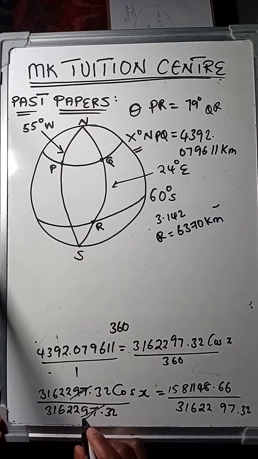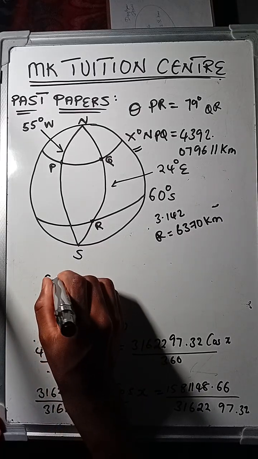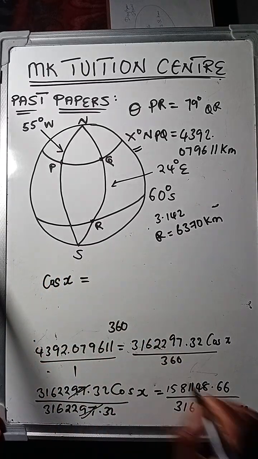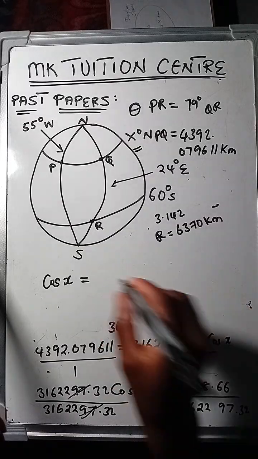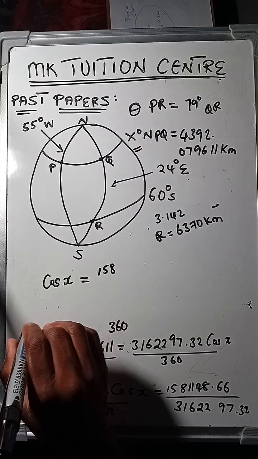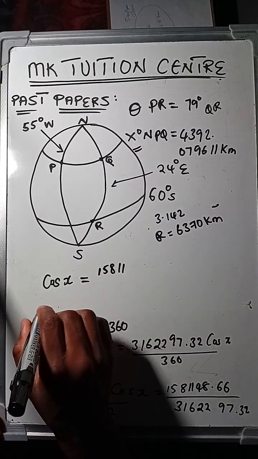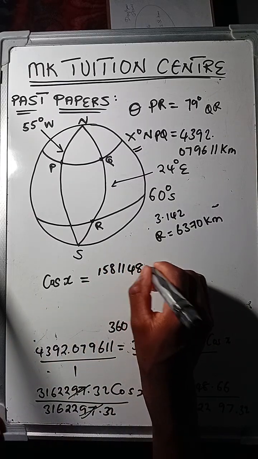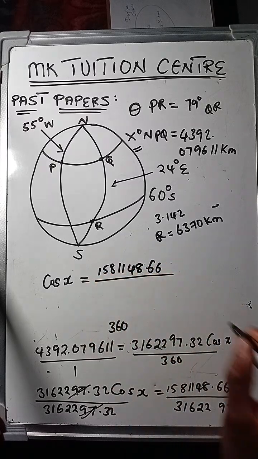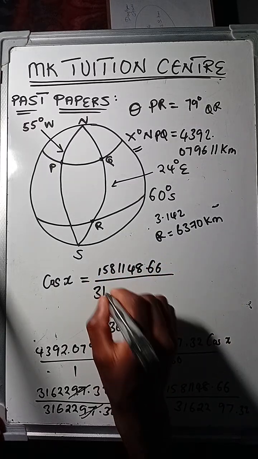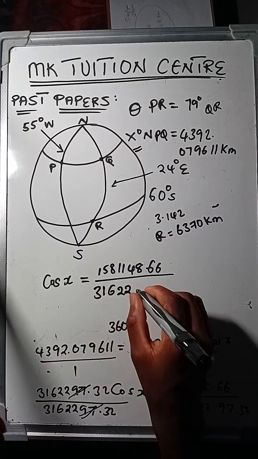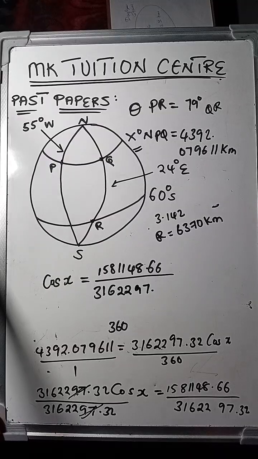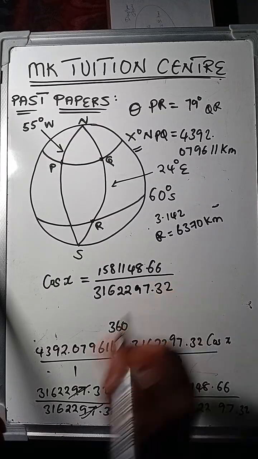Now this and that will cancel out, leaving cos x equals 1581148.66 divided by 3162297.32.